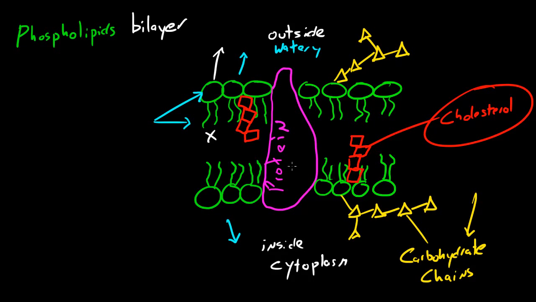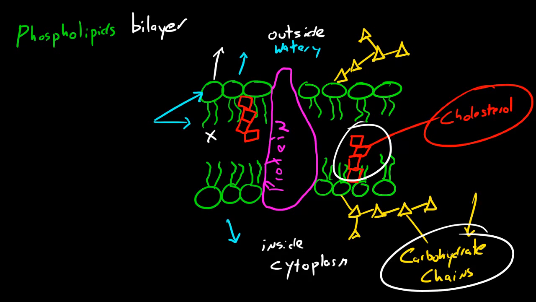But they float around your cell membrane and do whatever we need them to do. Cholesterol, right here, the job of cholesterol is pretty much to make your membrane more stable and also help it from freezing whenever your body temperature is too low. And your carbohydrate chains pretty much identify your cell and also play a role in depending which type of blood you have in blood cells.